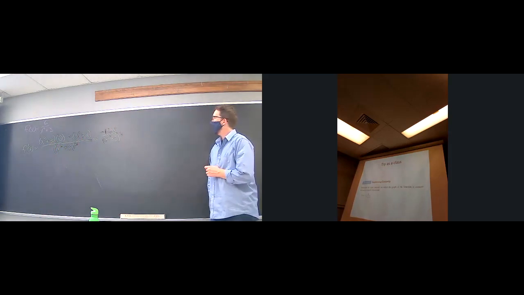So this thing is going to come out to be negative 12x, oh, the square of what's below. I forgot to put the square on. Divided by x squared plus 3 squared. Everybody agree with that?